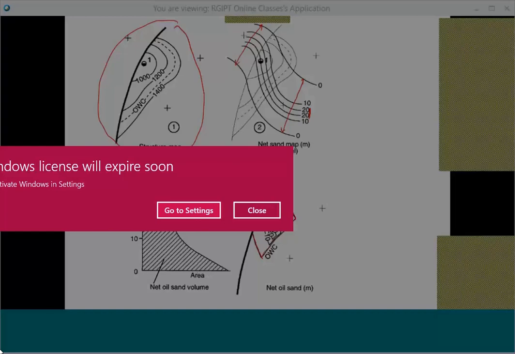If you plot this thickness and area here, the shaded region, that is thickness and area multiplication, is your net oil sand volume.